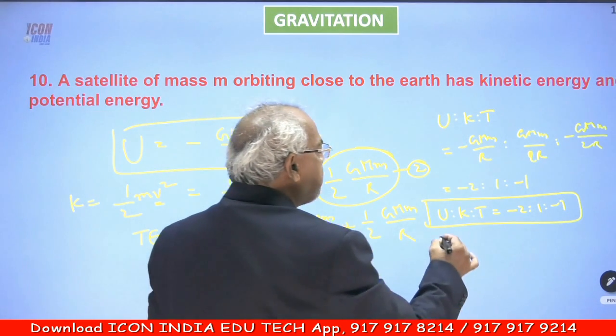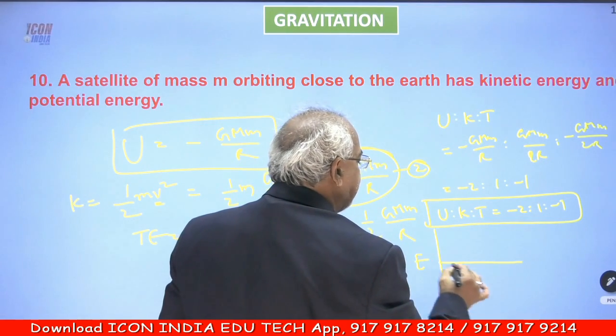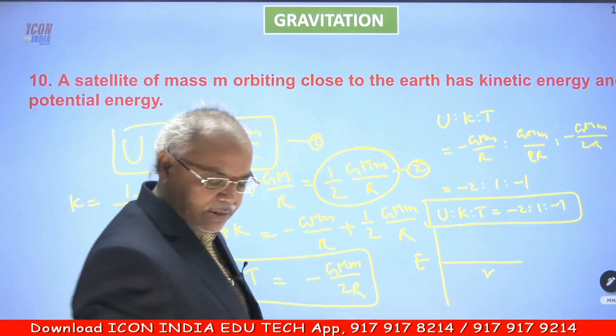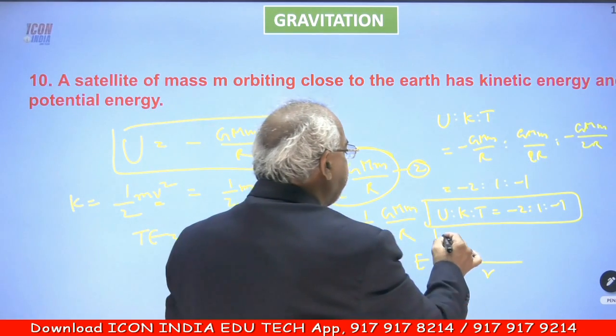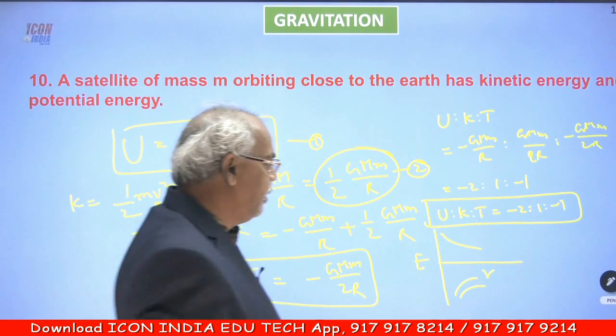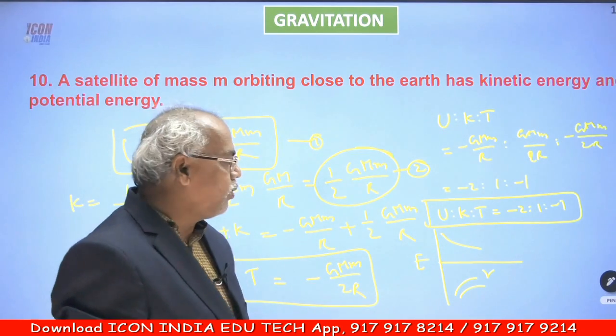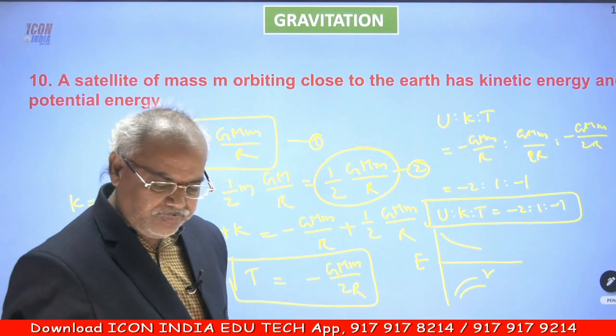The graph between energy and distance shows the kinetic energy, potential energy and total energy relation.